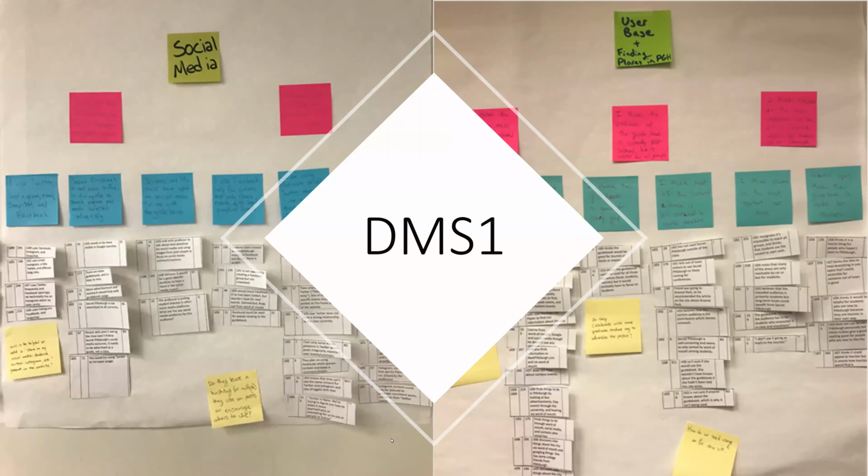And so in DMS 1, students observed their partners, they interviewed their partners, and then gathered information from these interviews and observations. So that's sort of the empathizing part, to try to determine what's the real issue here, what's the problem. So this is from Secret Pittsburgh's group.